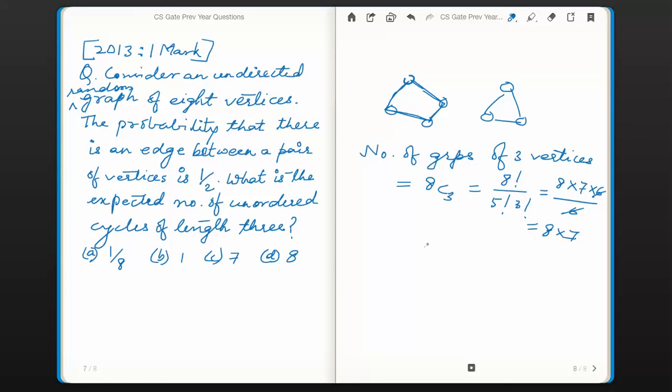Now given any such group of 3 vertices, the probability of these 3 vertices containing a cycle would be equal to the probability of this pair of vertices containing an edge in between, into the probability of this pair containing an edge in between, into the probability of this pair containing an edge in between.